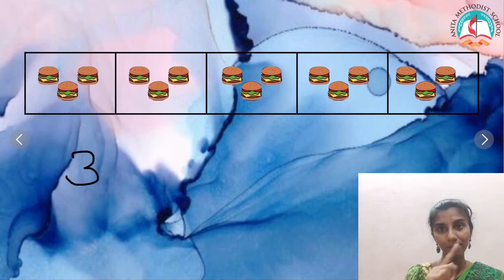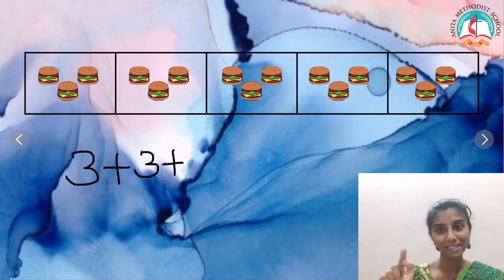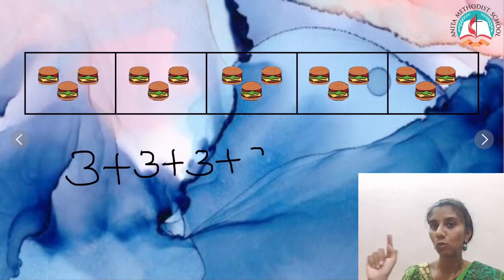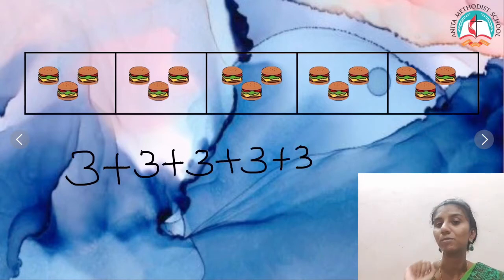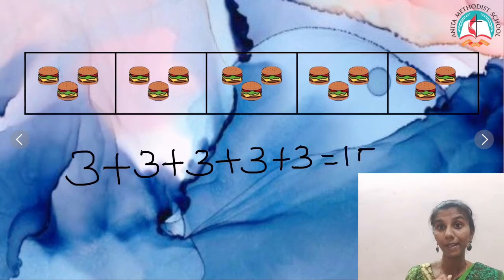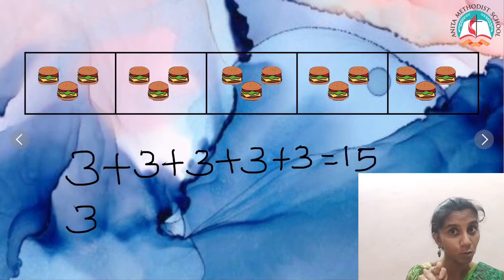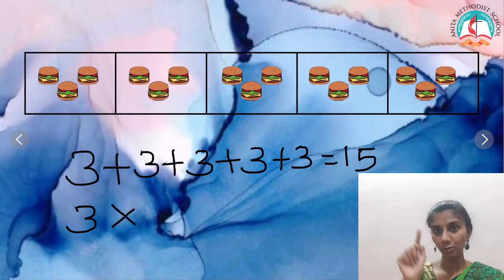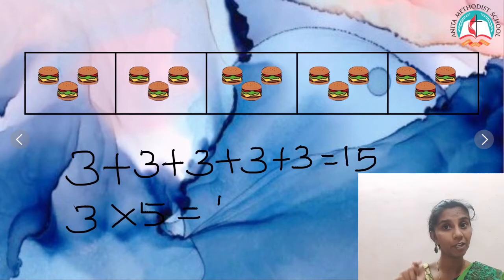First, how will you write? 3 plus 3 plus 3 plus 3 plus 3 equal to 15. We'll write for 5 times. Instead of that, we can write 3. How many groups? Yes, we'll use the symbol into how many groups? 5. So 3 into 5 equal to 15.